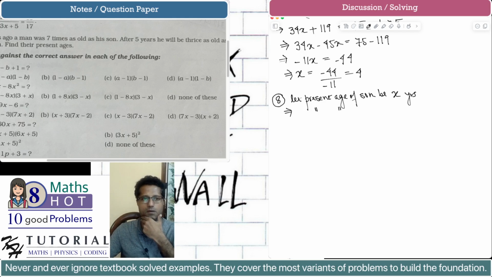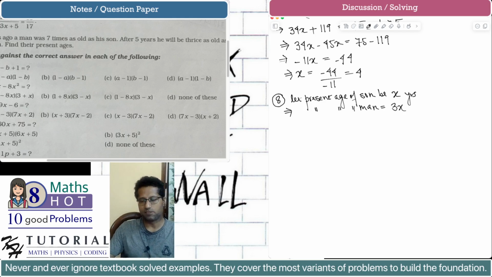So present age of man is equal to 3x, that is thrice as old as the son. So 3x. Okay.